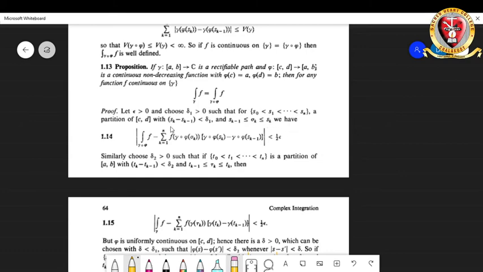Then by the earlier theorem, we get that modulus of integral over gamma composition phi of f minus this whole summation is strictly less than epsilon by 2.